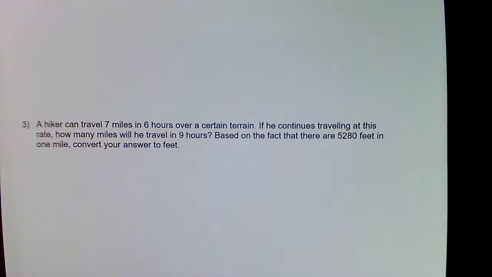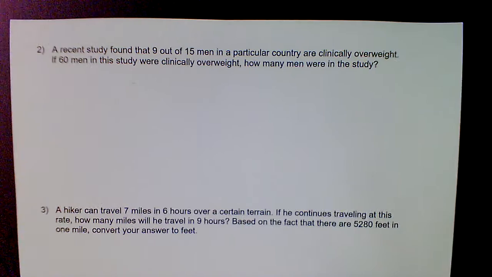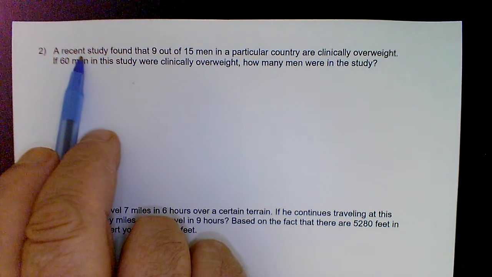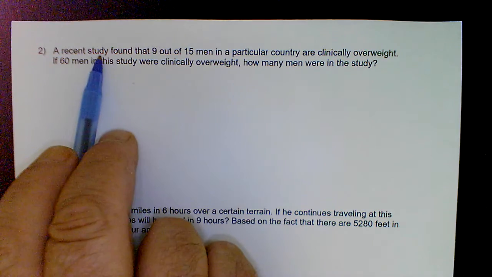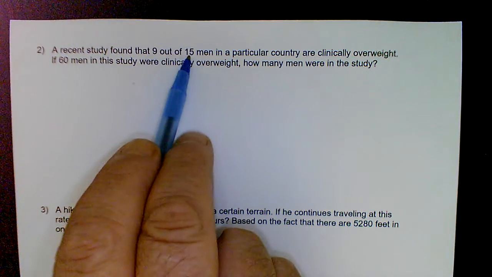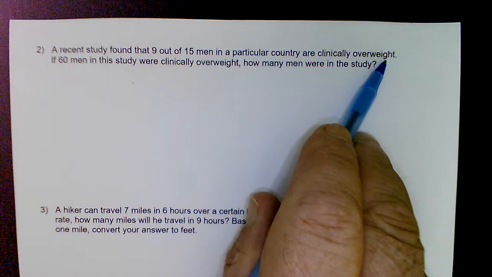Word problems, applications, your favorite. Got 3 more examples to go through. And again, there's always a primary ratio. So in this example, and you have to be a little bit careful sometimes. You have to wrap your head around the reading in this particular problem. It said a recent study found that 9 out of 15 men in a particular country are clinically overweight.